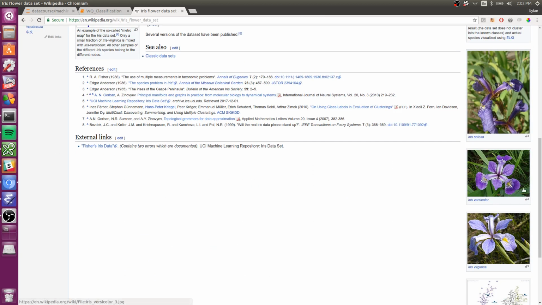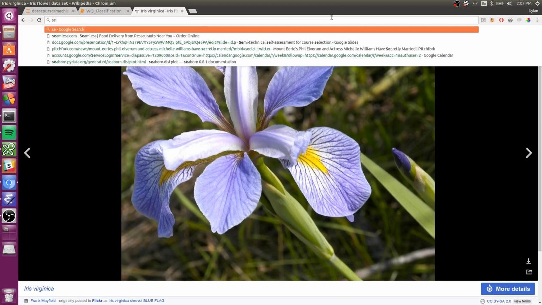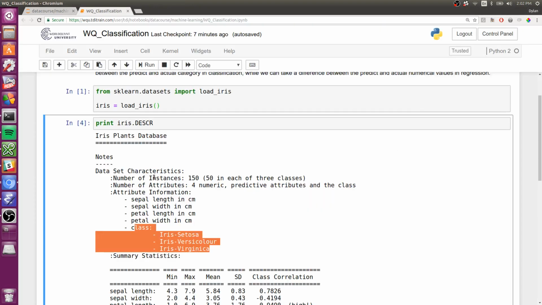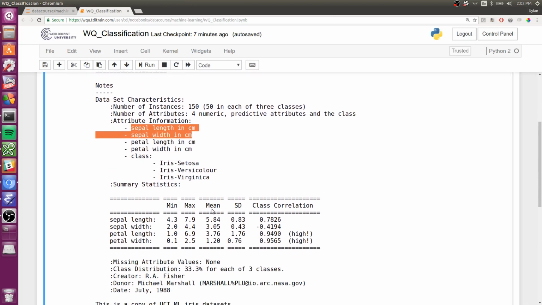How long and wide are the petals, and I'm not actually familiar with, I guess the sepal is the stalk that the pollen sits on, which I can't even see here. I am not a botanist, so I'm not actually familiar with what these terms necessarily mean.